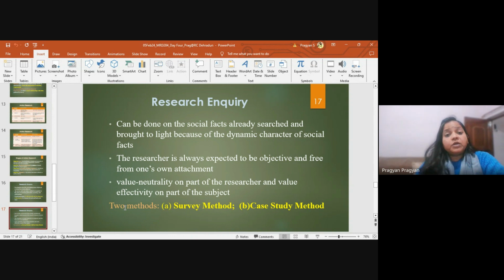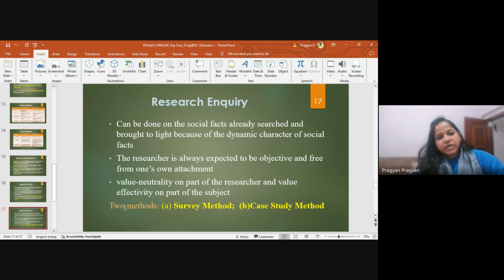But the complex part is that the subject, community stakeholders, those who are actually part of your study group or study population, must not be value free. They have their own socio-cultural values, their own norms, their own patterns of behavior, their own traditions, their own socio-cultural setups.